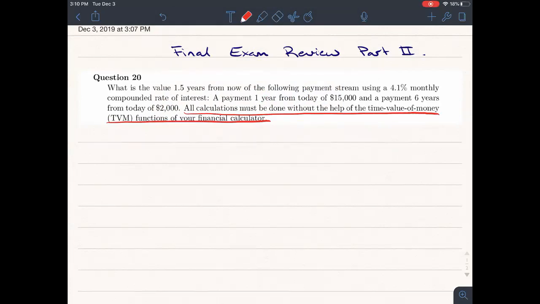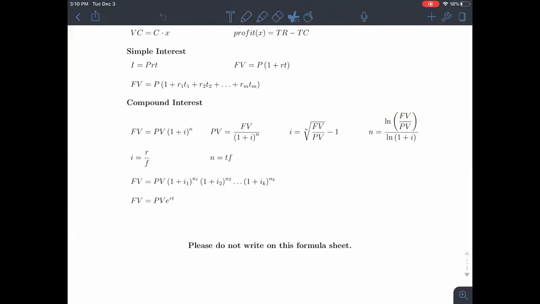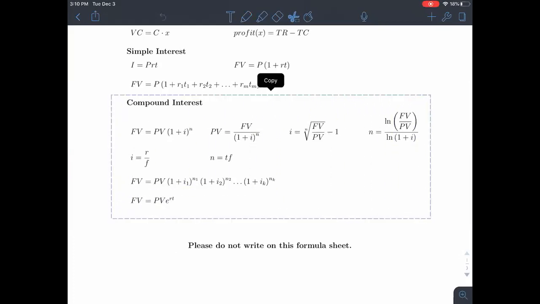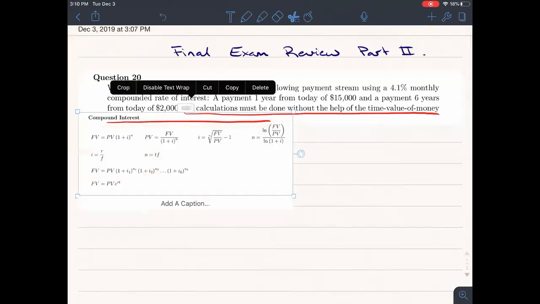All right. So we see that we just have 2 payments that we're talking about, a payment a year from today and a payment in 6 years from today. That's not regular payments, so we're just in compound interest again. So where's my formulas here? We're still in this section here. These are our formulas that we have available to us.